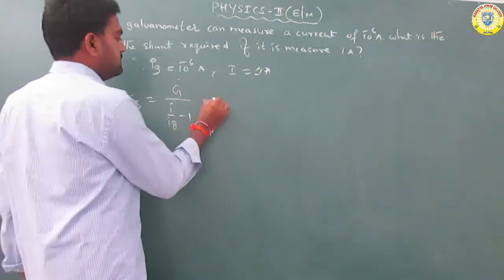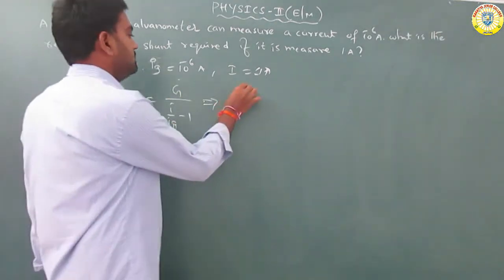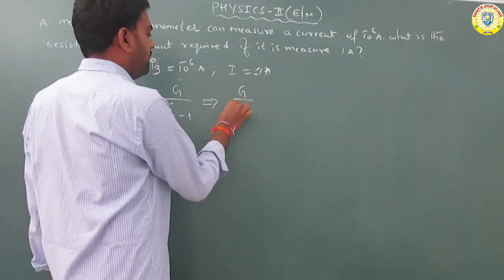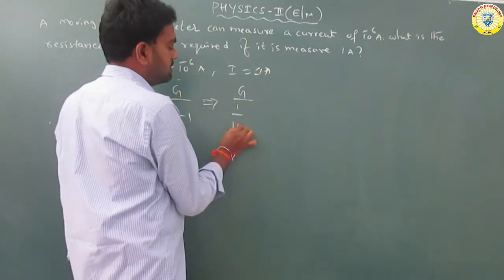So RS is equal to G by (I minus Ig over Ig), substituting I equal to 1 amp and Ig equal to 10 to the power of minus 6.